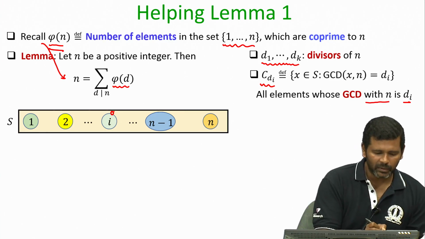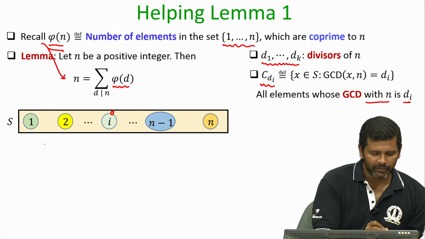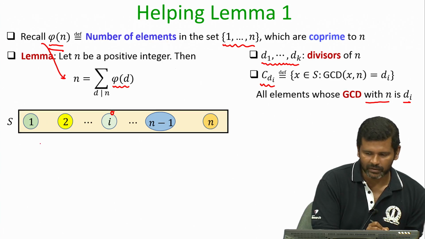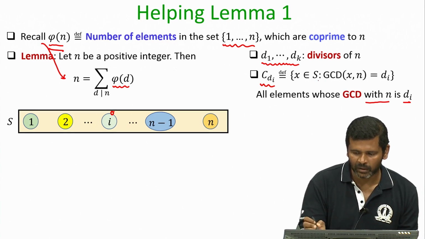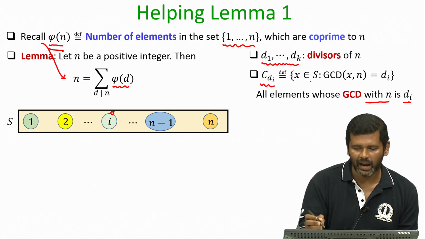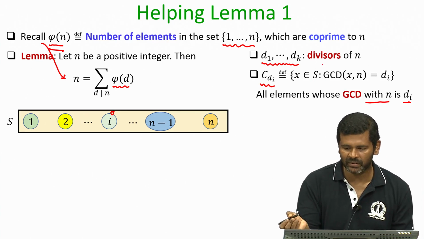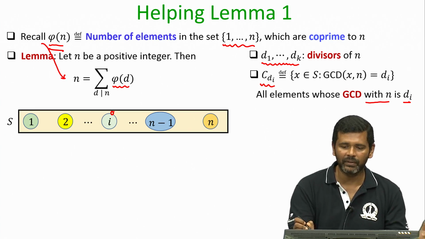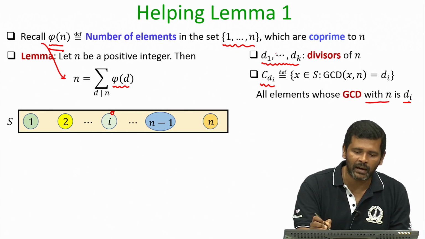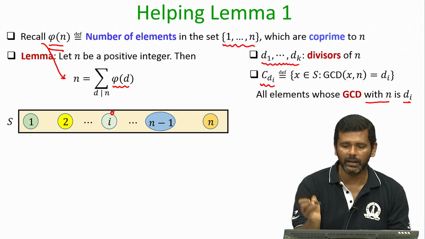What I am trying to do here is the following: if I take any number x from the set S and find the GCD of x along with n, then the GCD has to be a divisor of n, and the only divisors of n are d1, d2, dk.